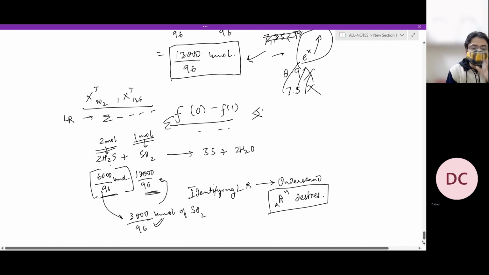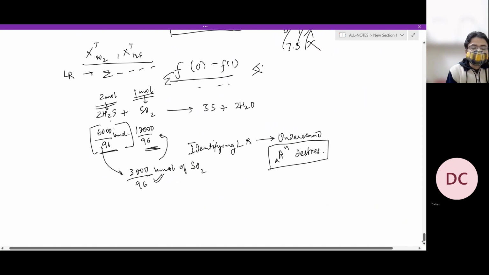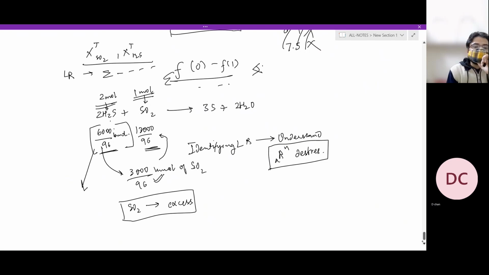So this implies that SO2 is being supplied in excess. And since SO2 is being supplied in excess, the reaction will stop when all the H2S is reacted, right?